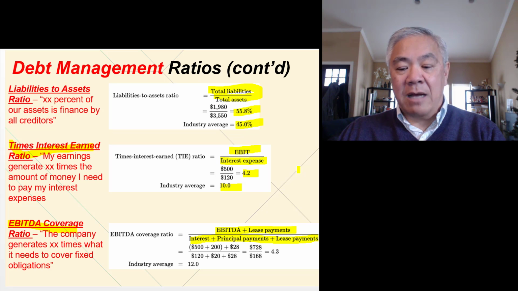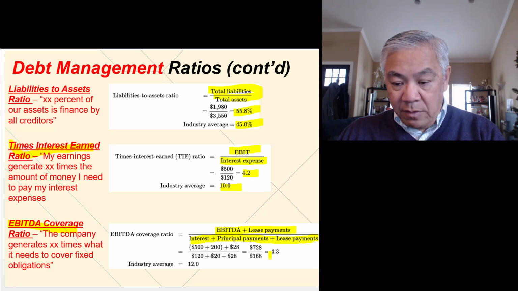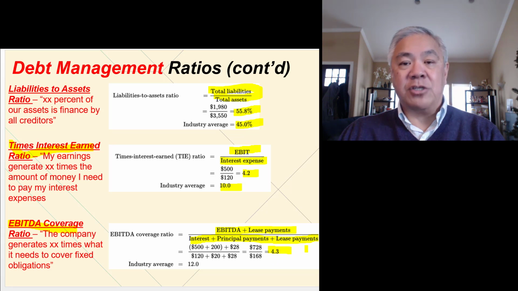And it looks at EBITDA, which is earnings before interest, taxes, depreciation, and amortization. And that, for finance people, is a kind of a shortcut to get at how much cash flow is generated from running the business.